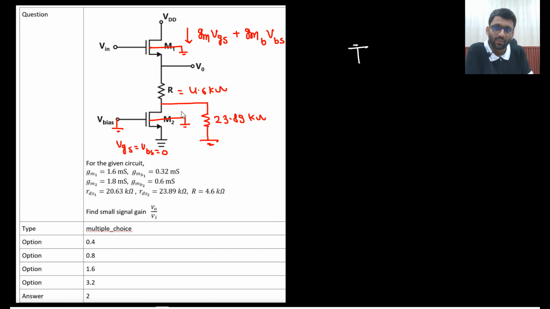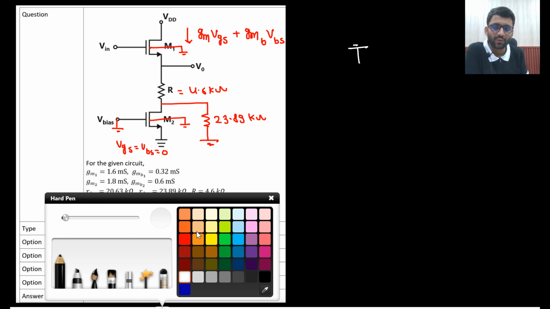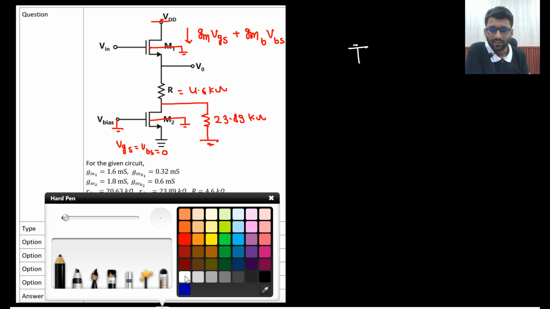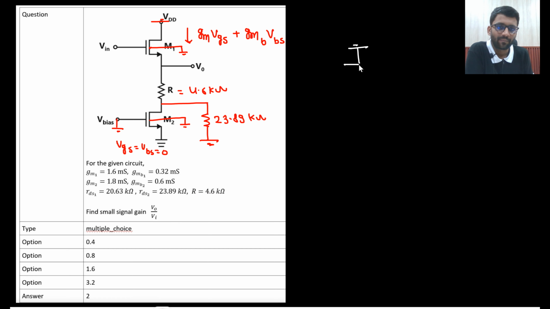Now let's make the circuit again. From V0 to ground, you will see RDS1 as well, because VDD will also be grounded. So that also we have to draw. This is your V in, this is your body bias which is shorted, small signal ground.